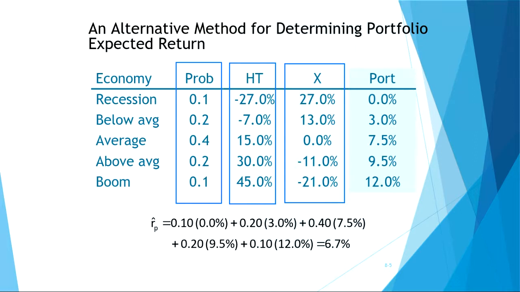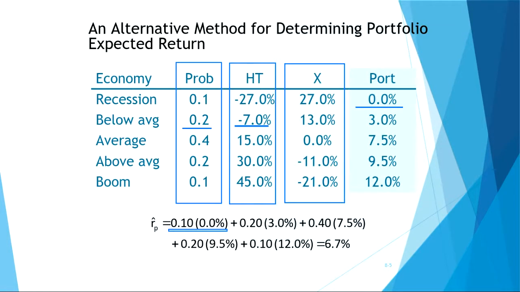So if you invest 50% in company X and 50% in the high-tech company, in the recession case with a 10% probability, your return is 0%, right? Because the average of the portfolio return is 0% with a 10% probability, plus a 20% probability with minus 7% and 13%.